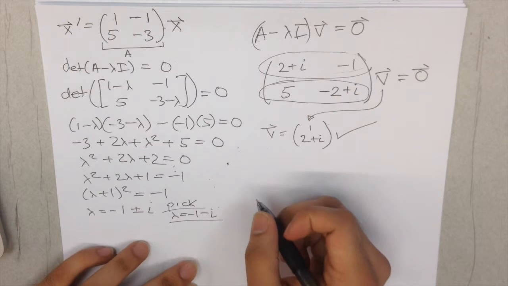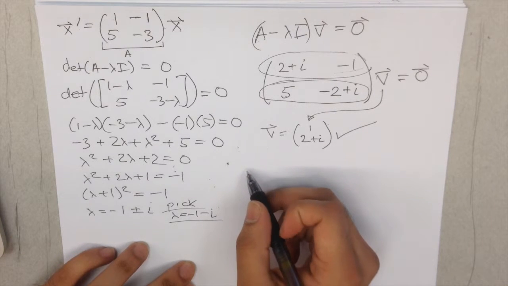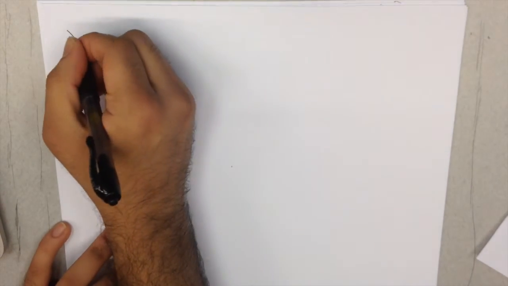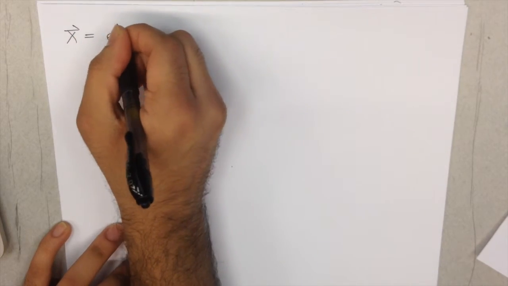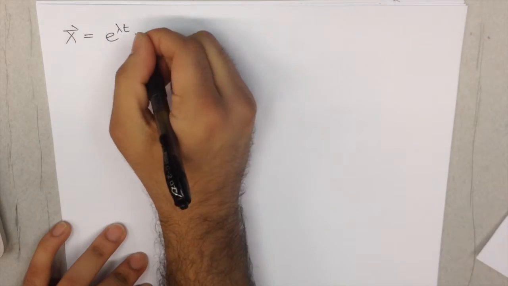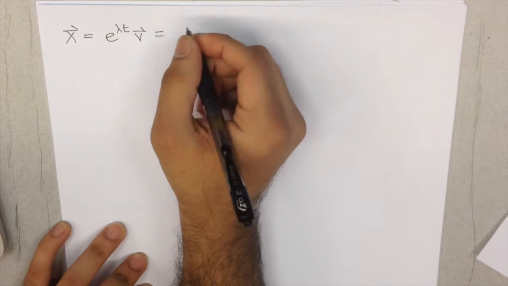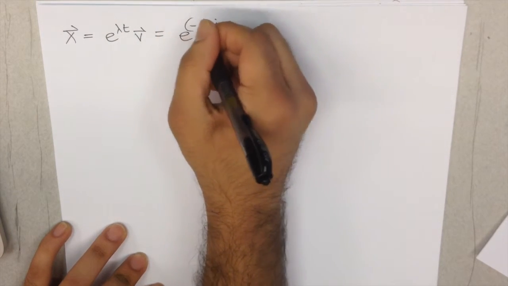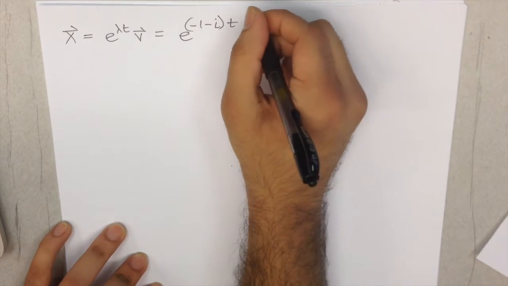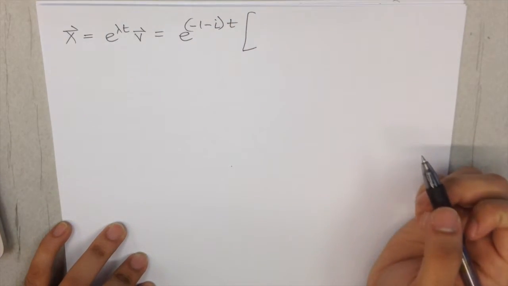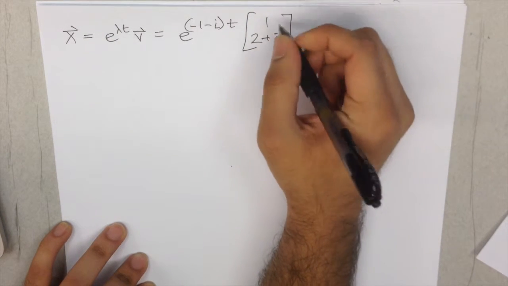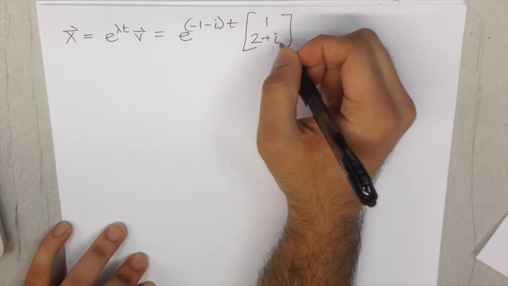Now we have to actually plug in our eigenvector and eigenvalue. Let me do it on a separate sheet. We know that x is equal to e to the lambda t times the eigenvector. Remember we picked negative 1 minus i for lambda, and the eigenvector that we got was (1, 2 + i).